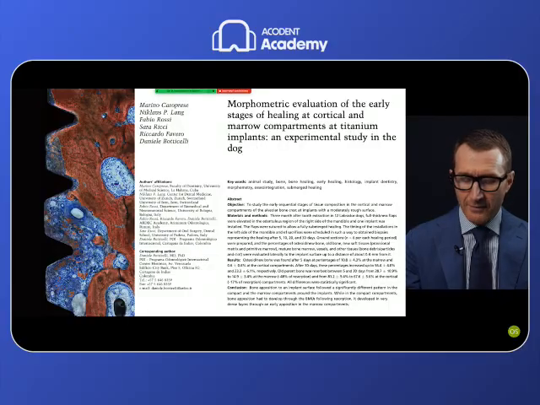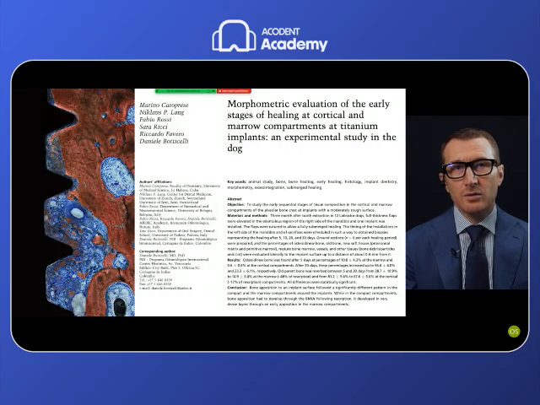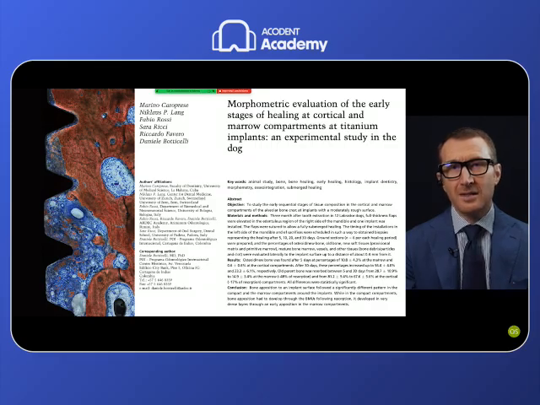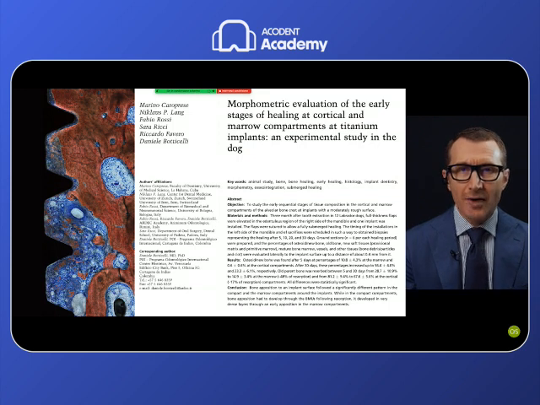So when we have a wound close to the implant area, we are going to have firstly a coagulum in that area, and this coagulum is going to attract the blood vessels growing in that direction.